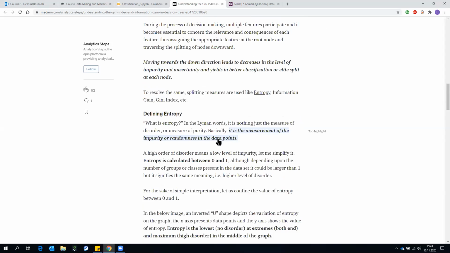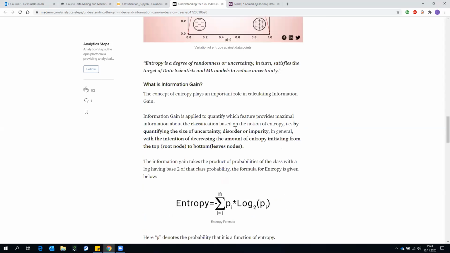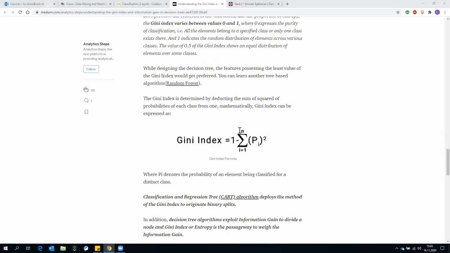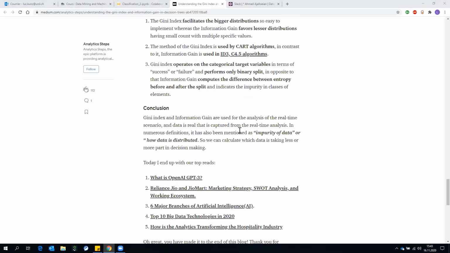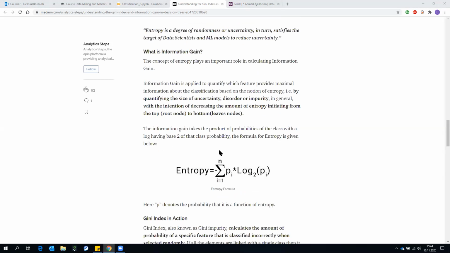So if you look at something that minimizes it, you minimize the randomness in the data points. So yeah, you may read this article if you are more interested in what exactly entropy and Gini index are.